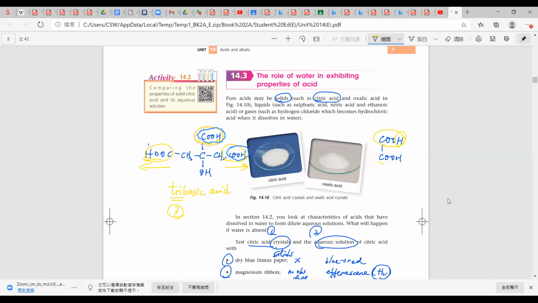Because we've got 2 COOH groups, those 2 hydrogen atoms per molecule can be ionized. So basicity is 2, we call it dibasic acid. Monobasic for 1, dibasic for 2, tribasic for 3. Is that clear?